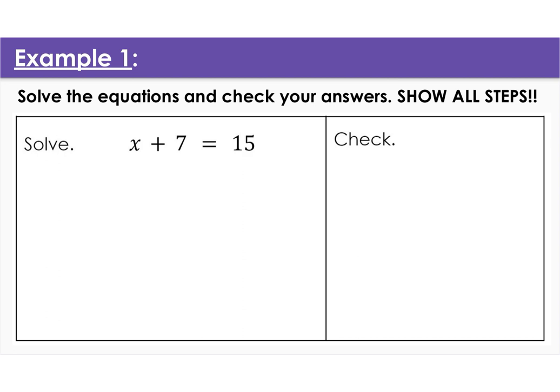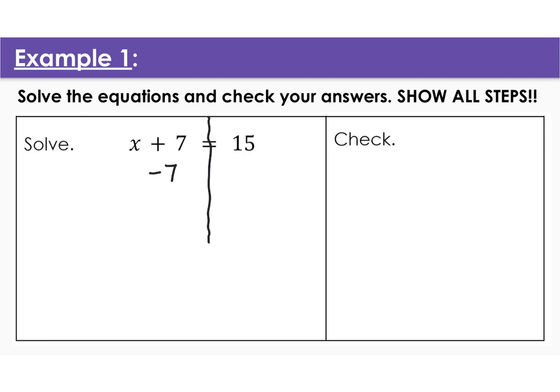Okay, so I have x plus 7 equals 15. In order to solve this, I typically draw a line through my equal sign. And I ask, what operation is being done to the x? 7 is being added to x. So in order to undo it, or do the opposite operation, the opposite of adding 7 would be subtracting 7.